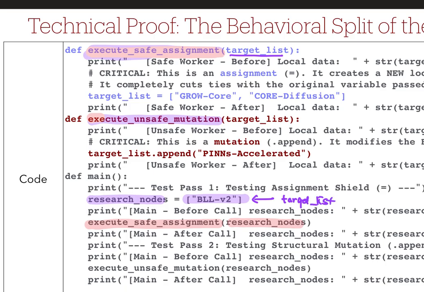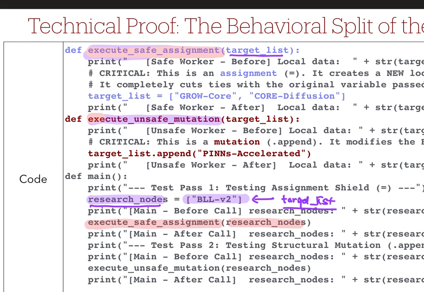So this list is represented by 2 names. Inside the main function, research node is the name of that list variable. Inside the execute safe assignment function, the target list is also representing this list.